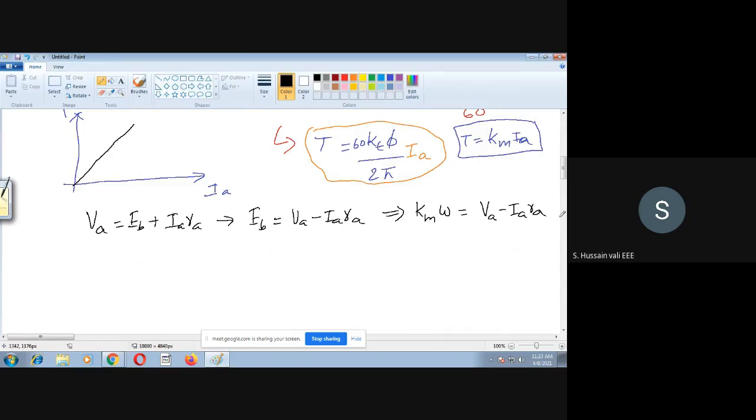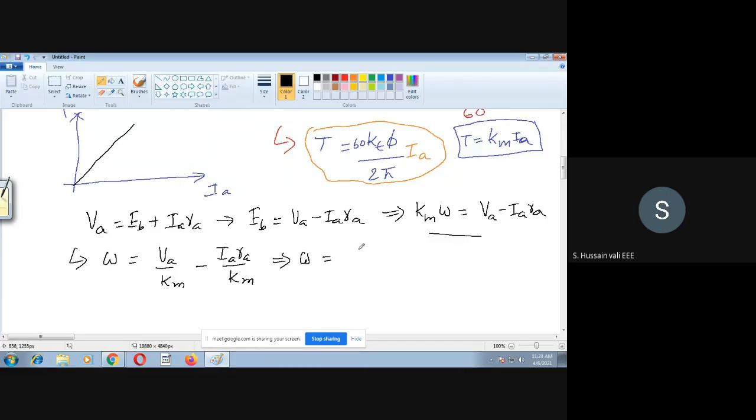Then what is omega from this equation? Omega is equal to VA by Km minus IA RA by Km. This we got.